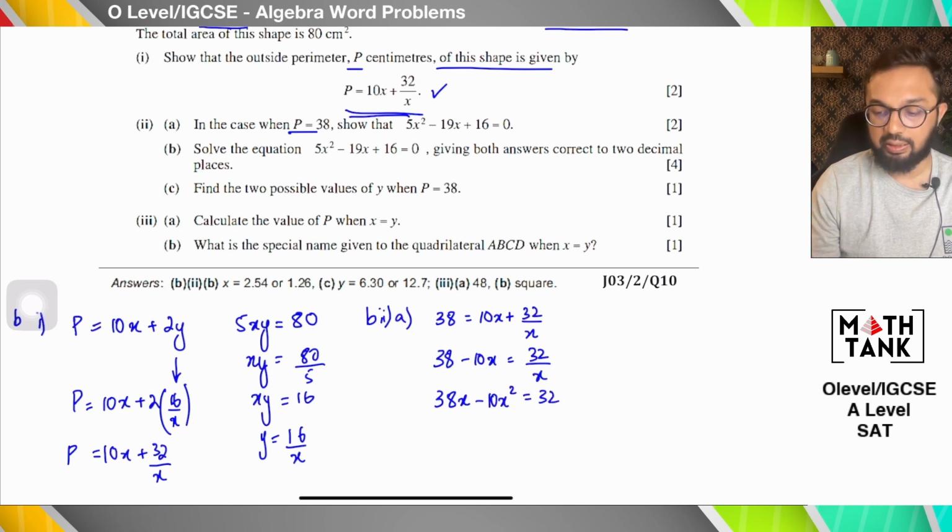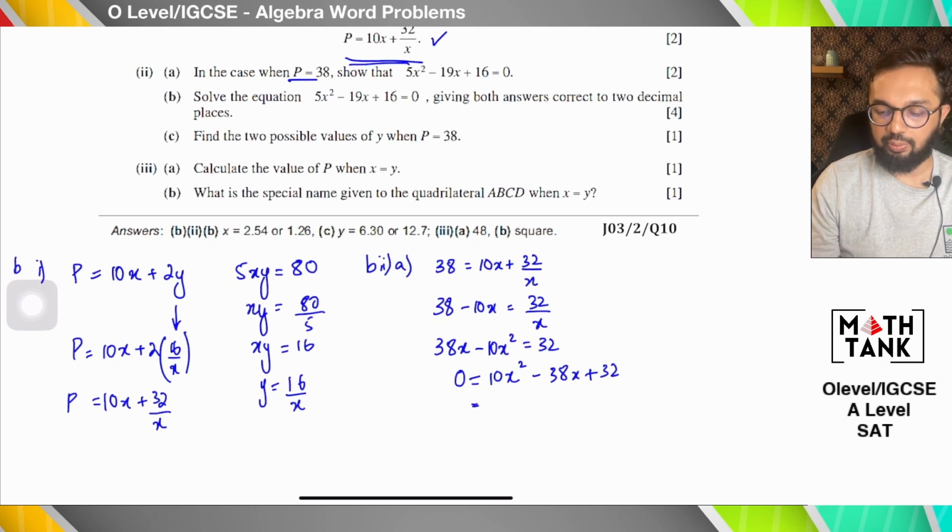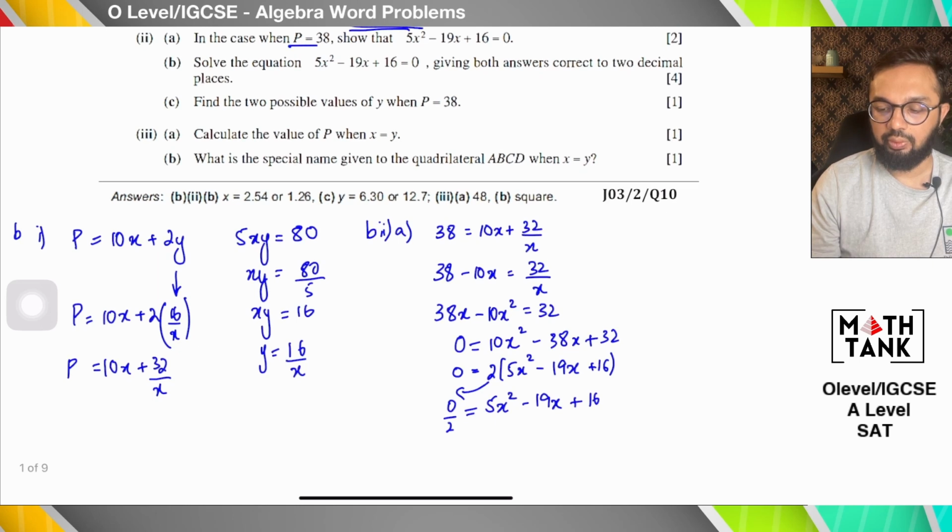I've cross multiplied x. I'm going to bring everything to one side. 10x squared minus 38x plus 32. Can I factor out a 2? That gives me 5x squared minus 19x plus 16. When this 2 goes to the other side, it becomes 0. So I have my proof.